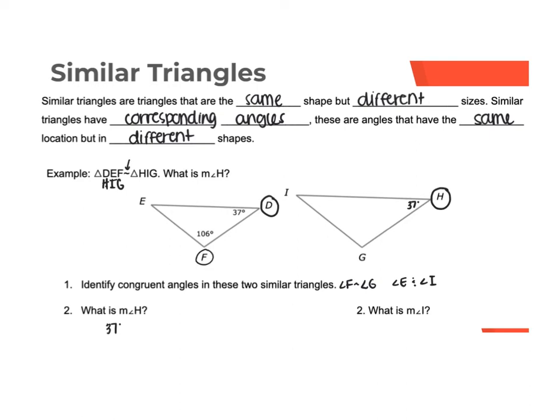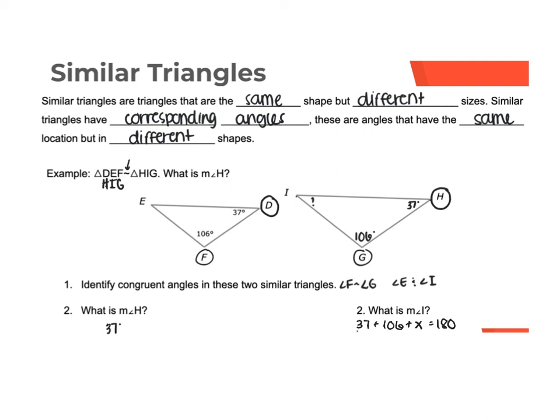So we know that F and G correspond, so we know this measure is 106 degrees, and we're looking for this piece. So we're going to think back to our interior angle relationships, and we know that angle H plus angle G plus angle I has to equal 180 degrees. 37 plus 106 plus x must equal 180.